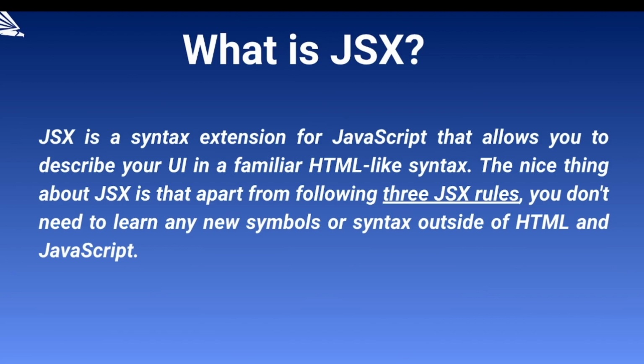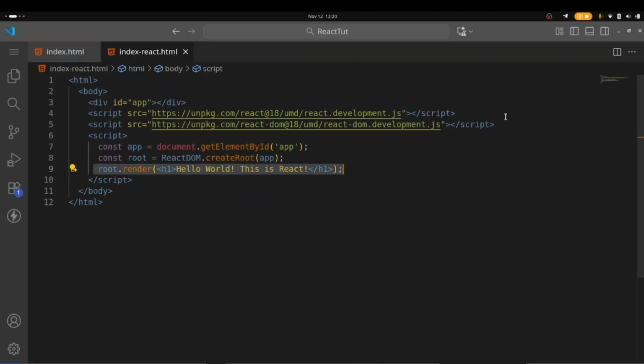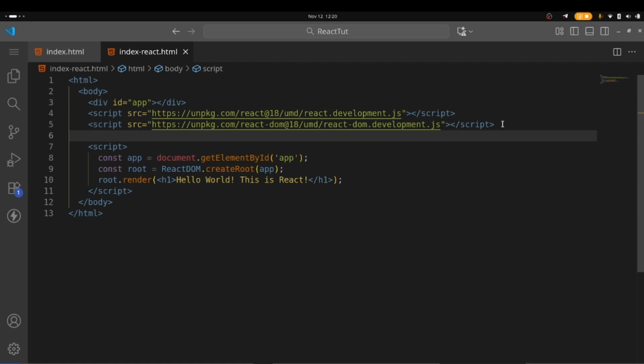So we are going to go back to our code and introduce yet another link, which is the Babel. This is our translator, and then we are going to add this.